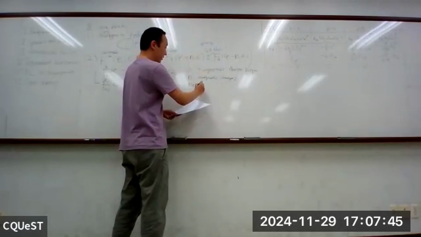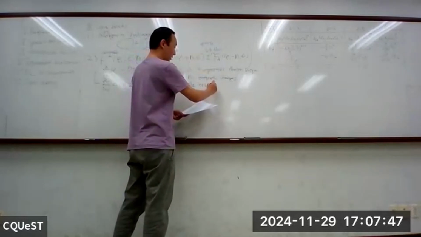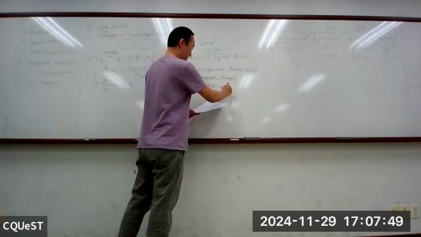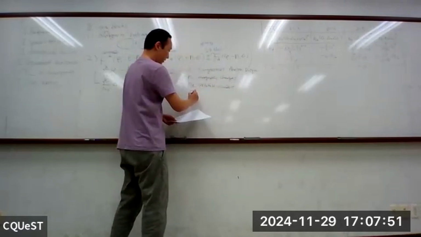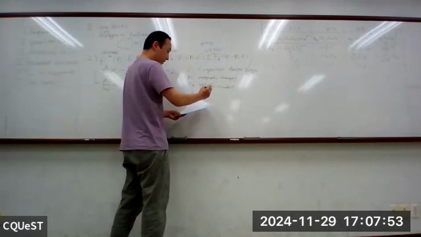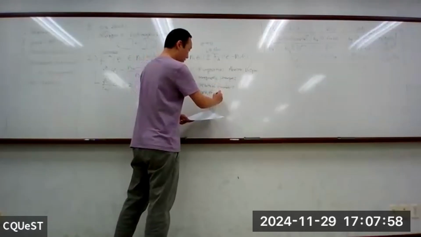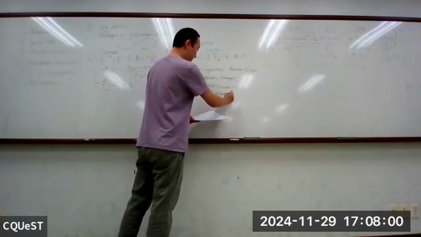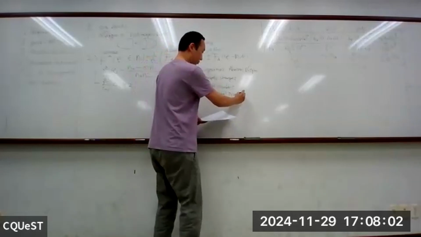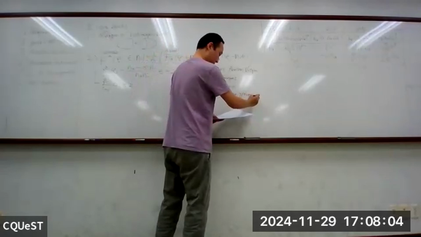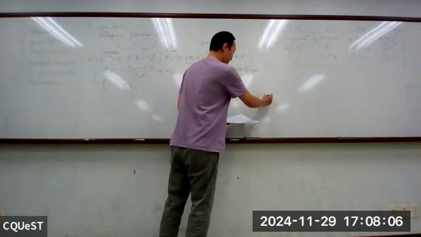And n plus minus, they are orbifold numbers. And this quantity is the rank of global symmetry groups. So I is 1, 2, 3.